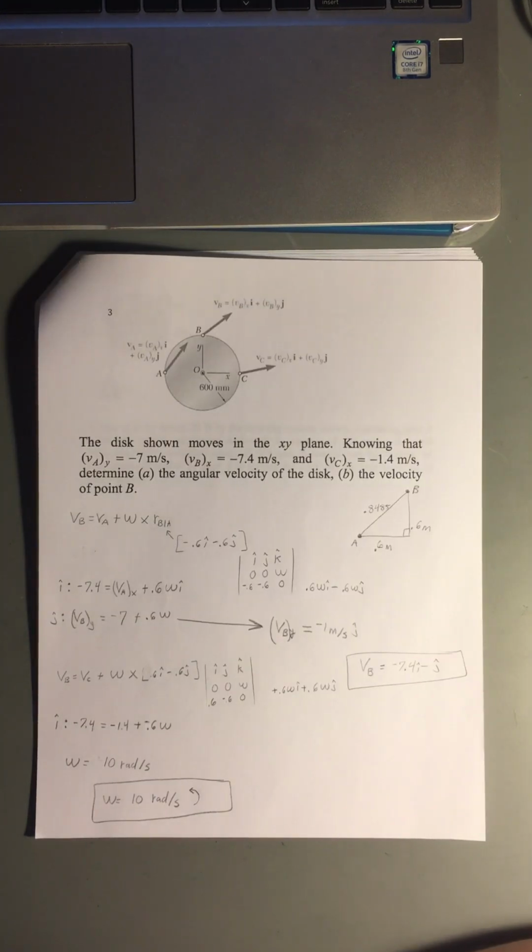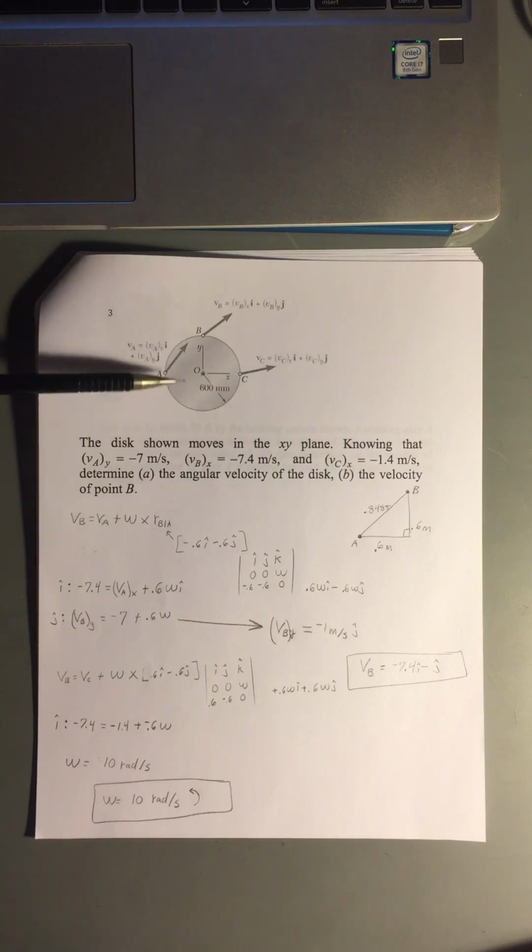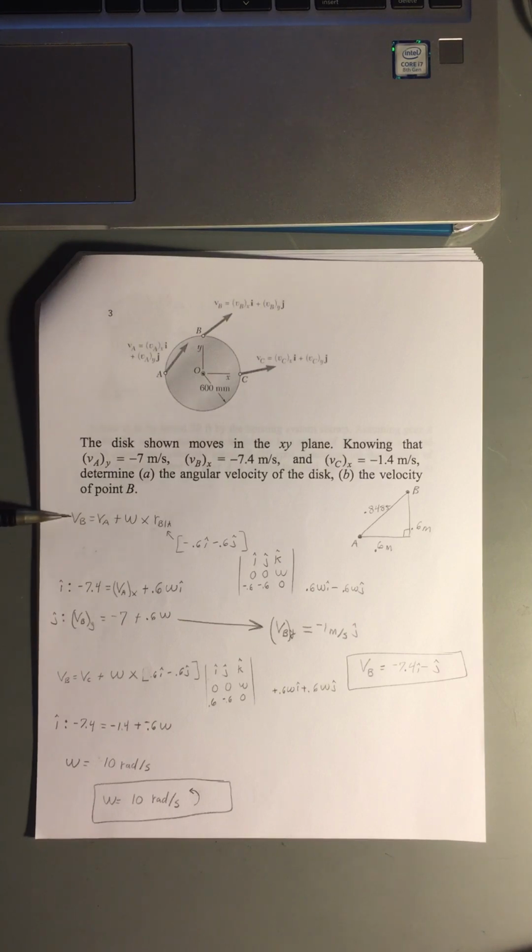So for problem number 3 here, we're given this disk and we're told that it's moving in the xy plane, and so we know that we have planar motion. And it gives us some of the components of the velocity of 3 different points on this circle here. It asks us to find the angular velocity of this disk, omega, and it also asks us to find the other component of the velocity at B. And so in order to do this problem, I first started by writing our general equation for planar motion here.